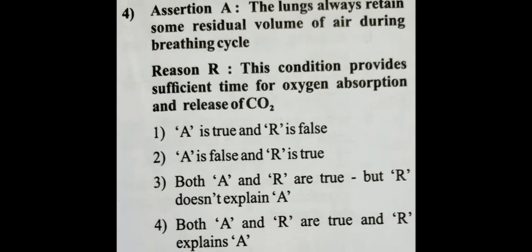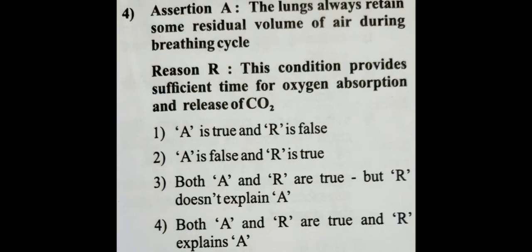This is the fourth question, which is in statement form. Assertion A: the lungs always retain some residual volume of air during the breathing cycle. Reason R: this condition provides sufficient time for oxygen absorption and release of carbon dioxide.